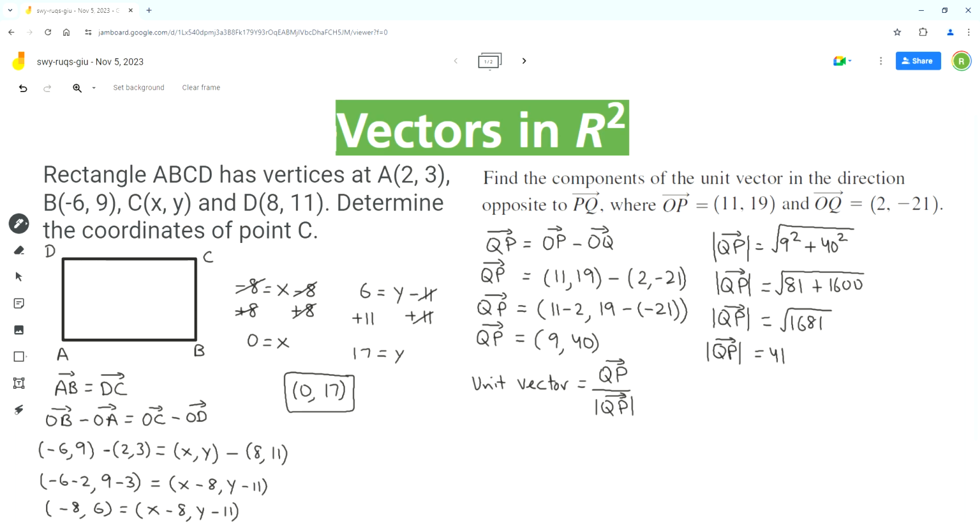Now we can use the formula. So we should divide both components of vector QP by 41.